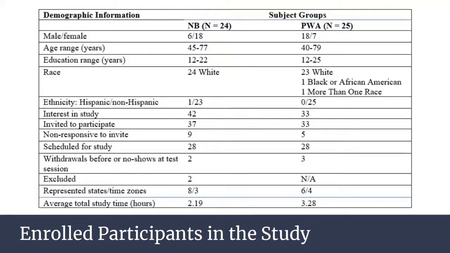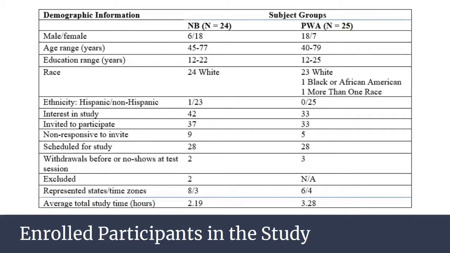Within the non-brain damaged group, we completed the test-retest sessions with 24 subjects. They ranged in age from 45 to 77 years, and we had 6 males and 18 females registered. Within the Persons with Aphasia group, we completed test-retest sessions with 25 subjects.